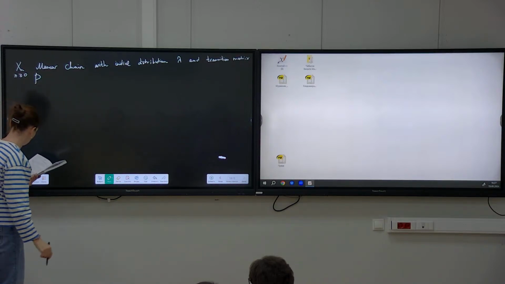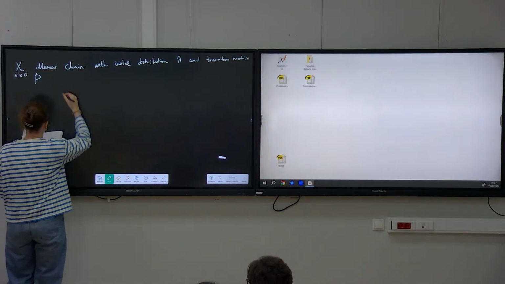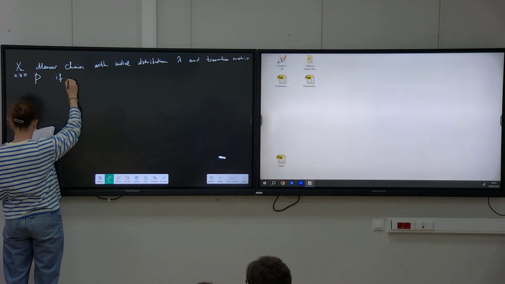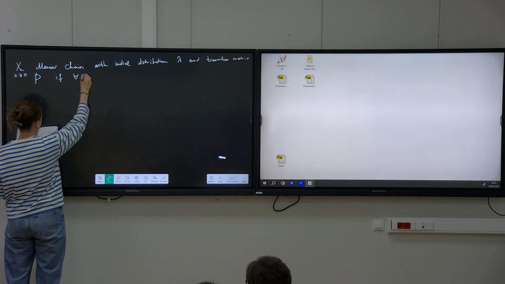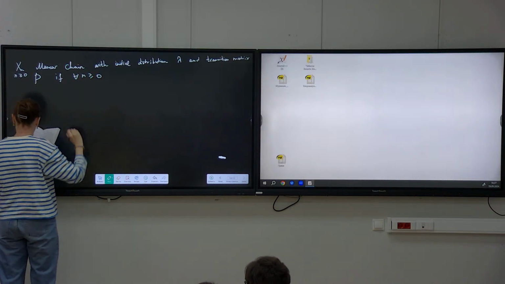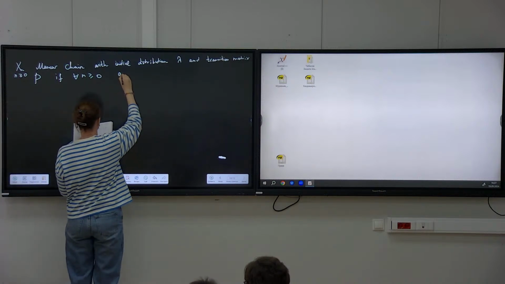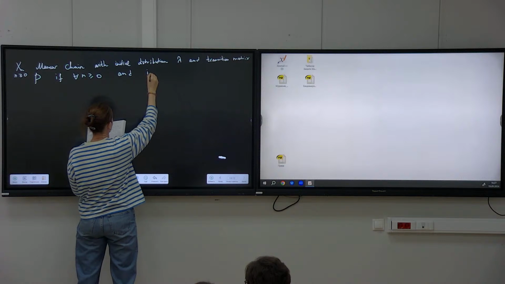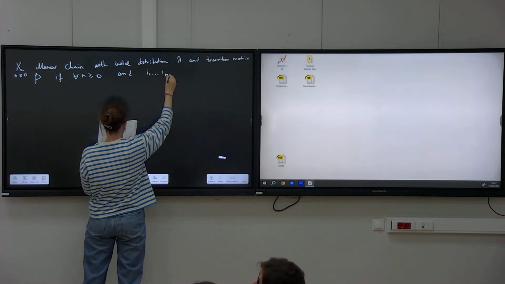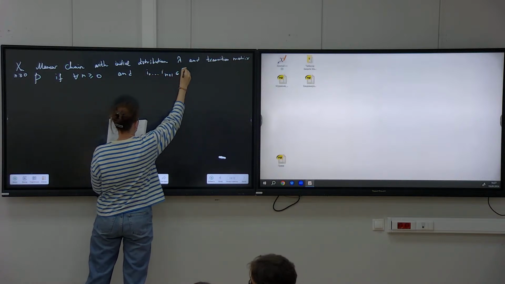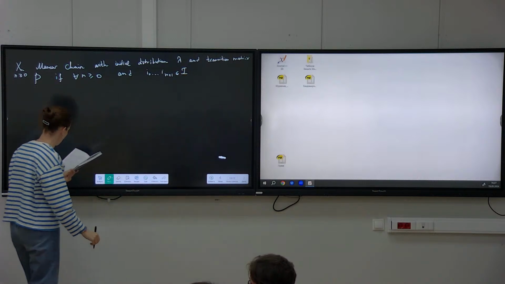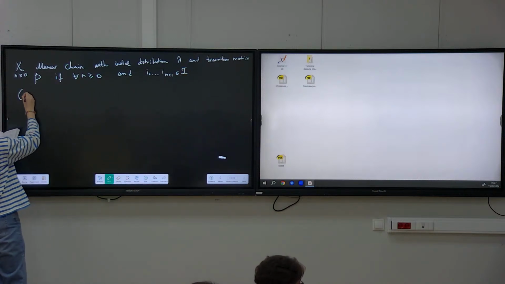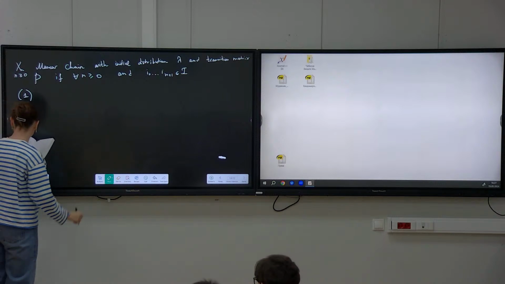There's no need to write it up again for you. So if for any n and i_0, ..., i_{n+1} from the set I, we had the following conditions.